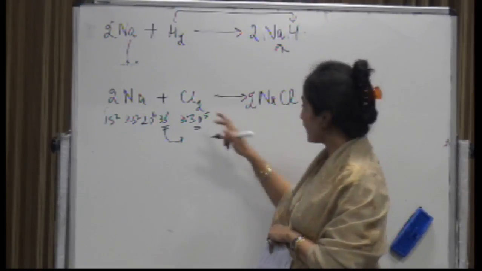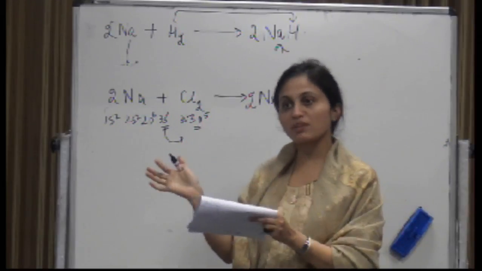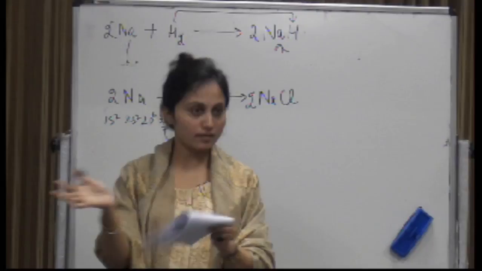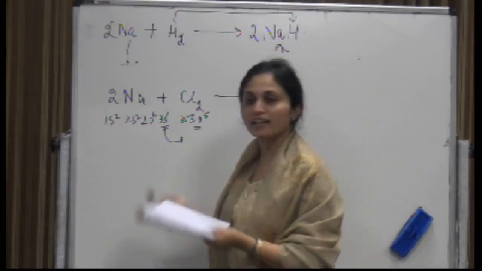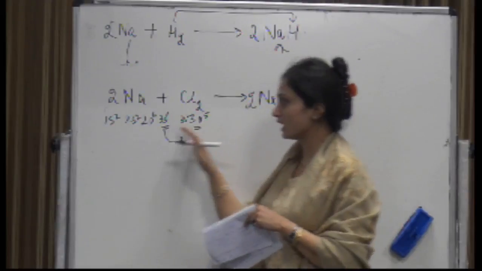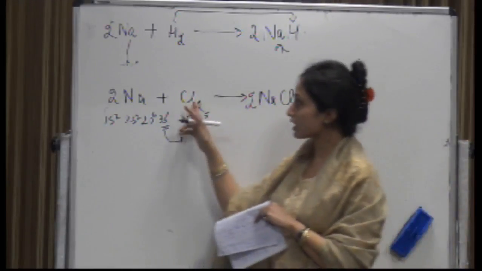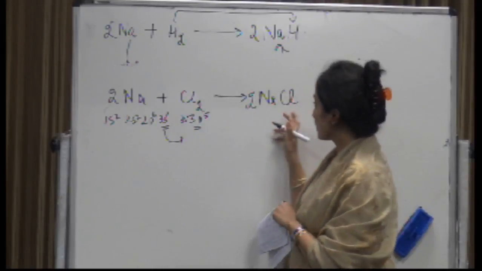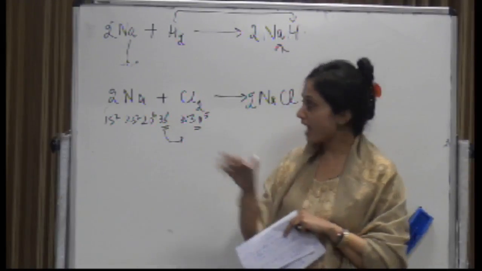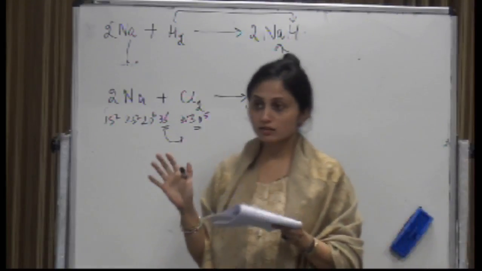Now this is from your previous knowledge: you know that an ionic compound is formed by the transfer of electrons. So this is completely giving the electron and that is completely taking the electron. If chlorine is gaining an electron, it is getting reduced, and sodium is giving an electron, so it is getting oxidized. Got this point?